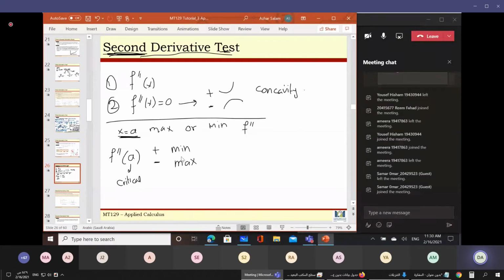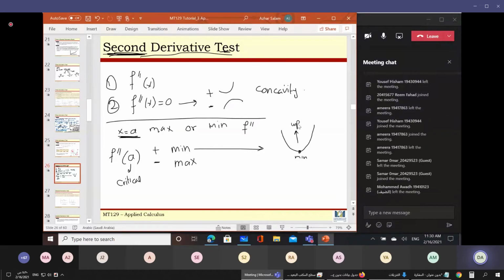Okay, notice here I'm talking about maximum and minimum, but I'm using the second derivative. Where did I get this from? Notice here that for minimum, it will be drawn like this, right? This is a minimum. Notice the concavity, it will be concave up, right? Concave up means that f double dash is positive. But for the maximum, this is a maximum point.